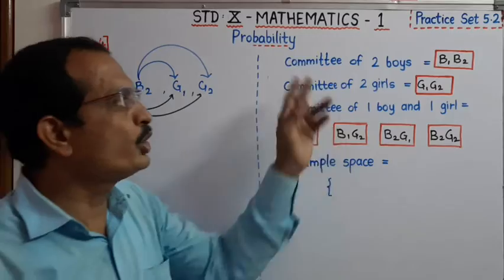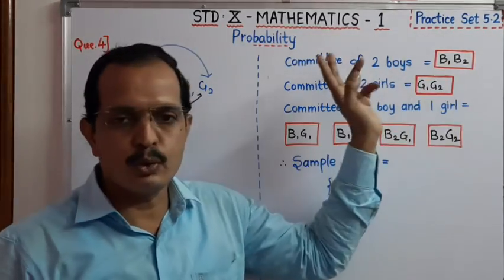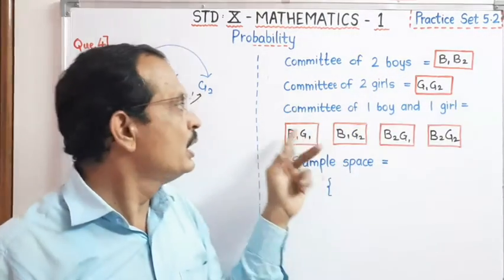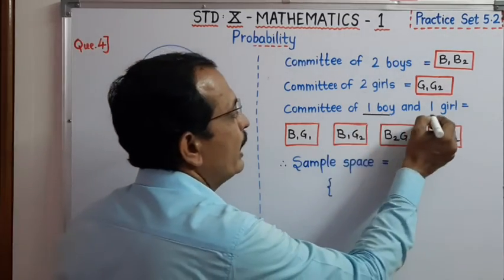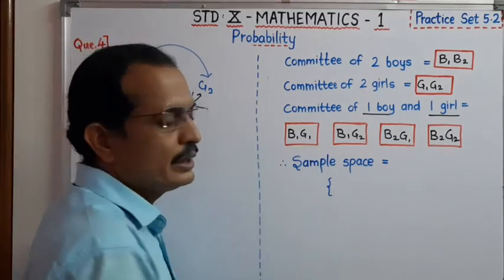If 2 boys will be there, then one committee will be formed, B1 and B2. Committee of 2 girls, then G1 and G2. Committee of 1 boy and 1 girl, then what are the possibilities?